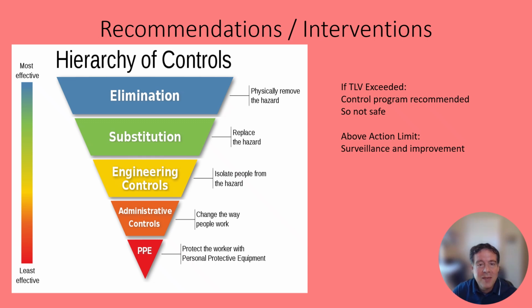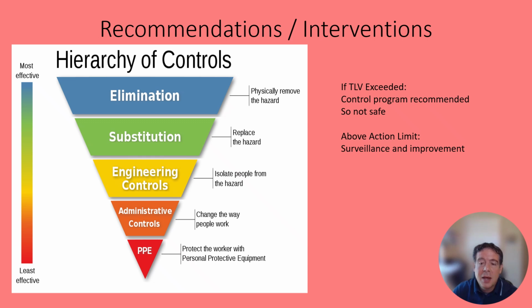So, hierarchy of controls, remember this: elimination, substitution, engineering controls, administrative controls, and PPE. On this HAL, if it's exceeding the TLV, we usually recommend some kind of engineering control and say this task is not safe for the worker.